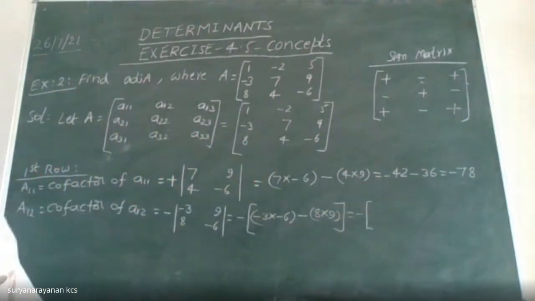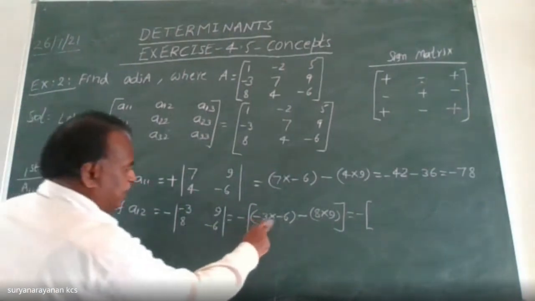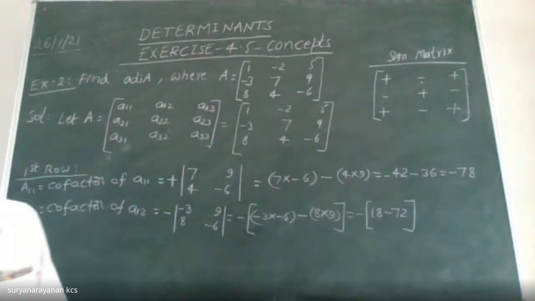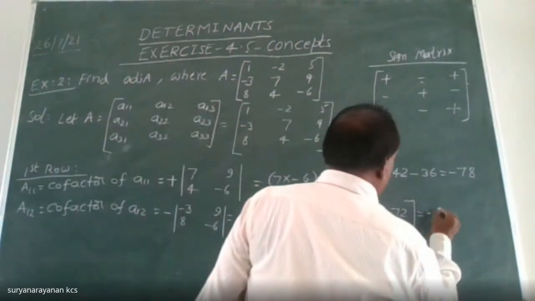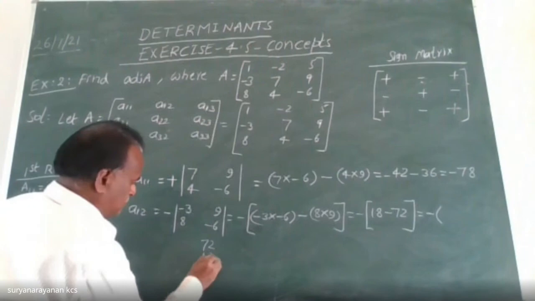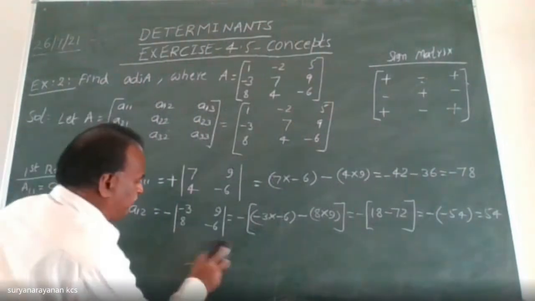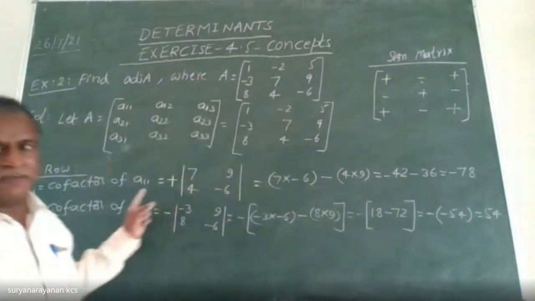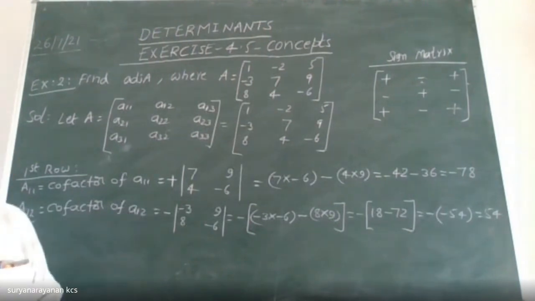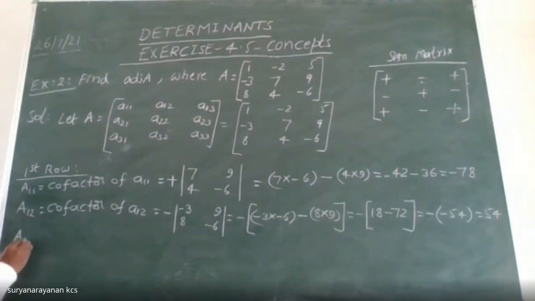In the square brackets, let us simplify these numbers: 18 minus 72. What will you get? Minus 54, sir. So minus of minus 54 gives 54. 54 is the cofactor of A12. Understood this point, my dear children? Yes, sir.